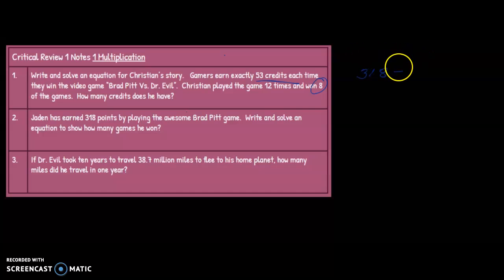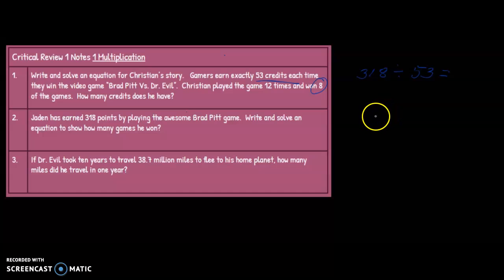So I'm going to write my division symbol. 318 divided by 53 equals. So now I'm going to do the division here. A lot of times people aren't sure what goes on the outside of the division symbol, the 318 or the 53. So here's how you do it. You're going to write it the way that you read it.